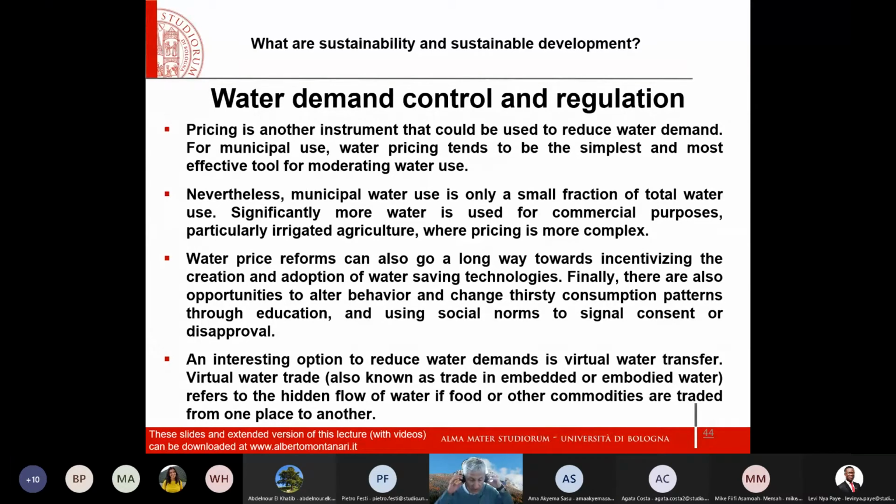For instance, if we live in a dry country like Italy, we cannot say in Italy that we have plenty of water. In the north of Italy, let's say it's fine, but we don't have abundance even in the north. In the south, we have water scarcity.